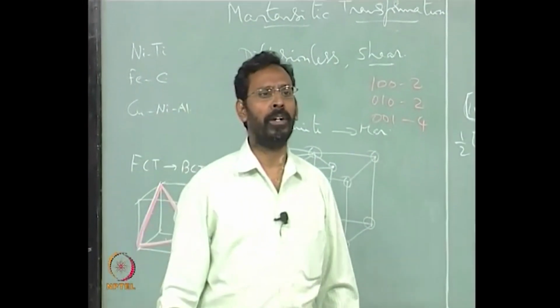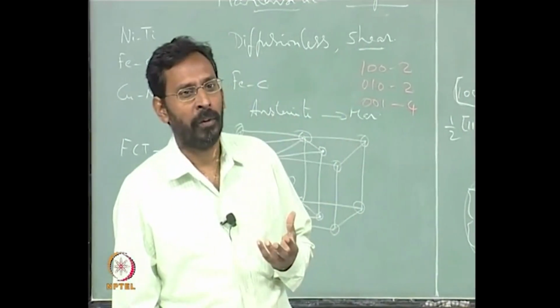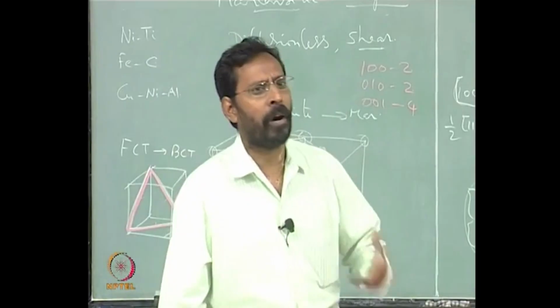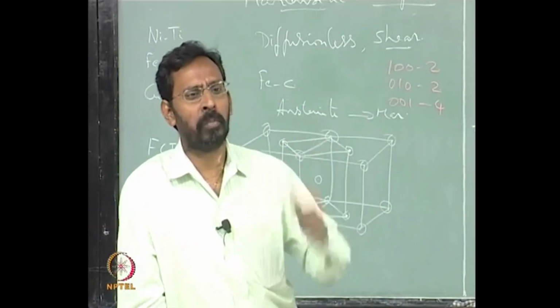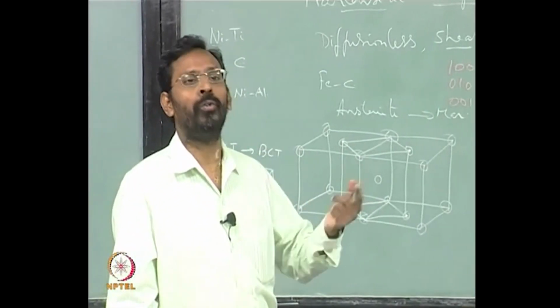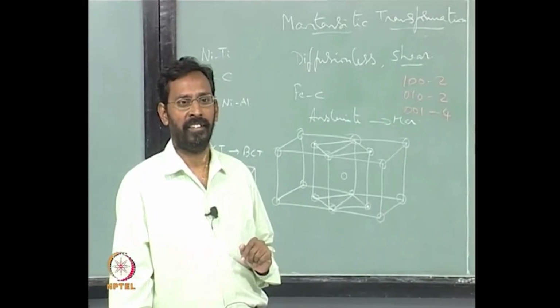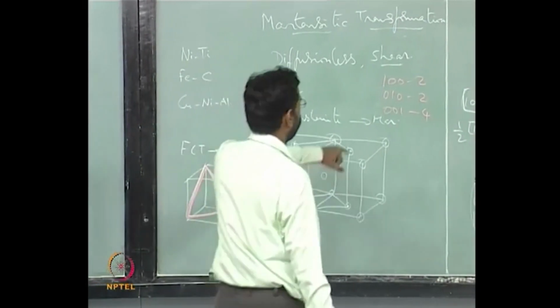We do not talk about it because whenever we talk about the symmetry of a unit cell, we talk about the highest possible symmetry of that unit cell. Because 4-fold is possible, we do not talk about 2-fold, though 2-fold does exist inside the lattice.